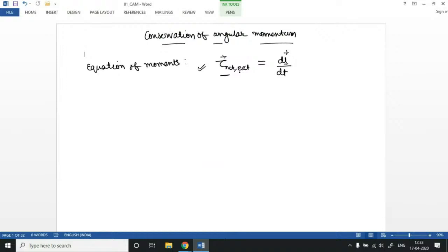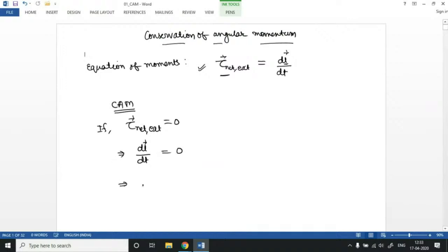Conservation of angular momentum is a little bit of an improvisation on that. It simply says that if the left hand side of this equation is equal to 0, that is, if tau net external on the system is equal to 0, then dL by dt, the rate of change of angular momentum, would be 0 as well.